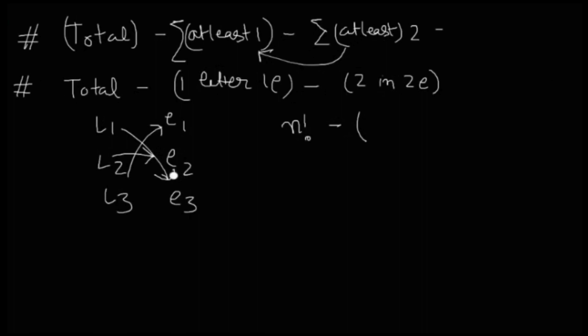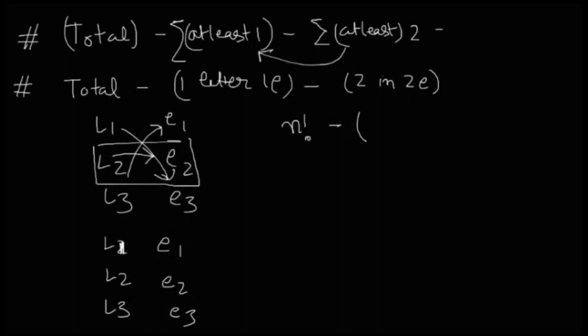This can be one of the cases, but what if letter one goes to envelope one? We are still stuck. So this is one of the cases, and the second case will be, with L1, L2, L3 and envelope 1, envelope 2, envelope 3: initially L2 used to go to E2.